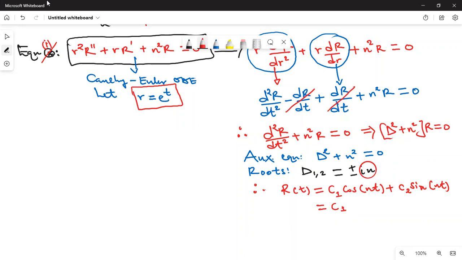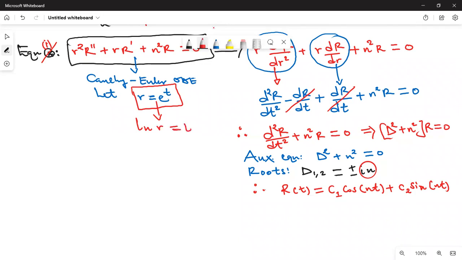Let's leave it as C1 cos nt plus C2 times sine nt. Now, if I replace t, remember where there's t, that is ln r. So we put t equals ln r, or simply when you take natural log on both sides, ln r is equal to t.